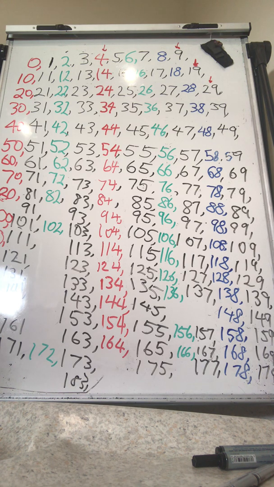And 24 plus 6 is 30. Then 36. Yeah, 6 times 6 is 36.